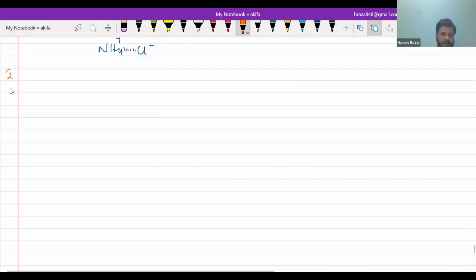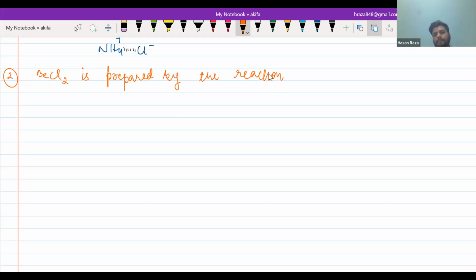Okay, another preparation, of BeCl2. BeCl2 is prepared by the reaction of its oxide, that means BeO, with carbon coke and Cl2 as well.